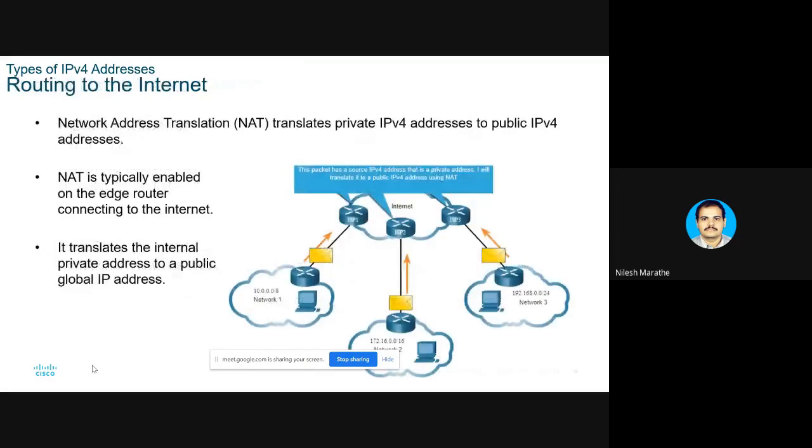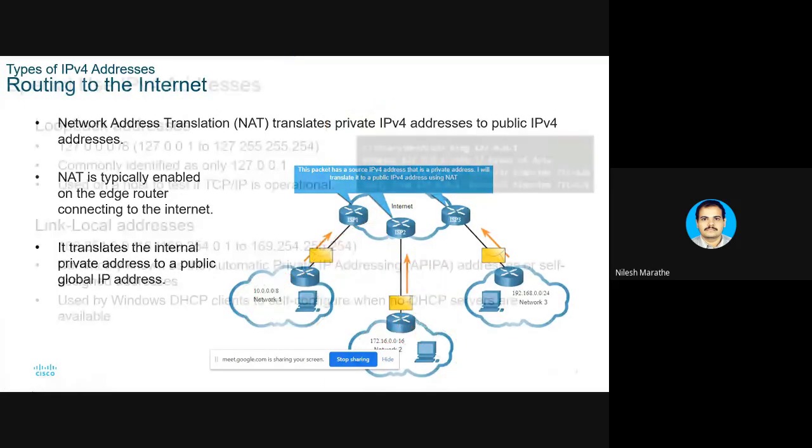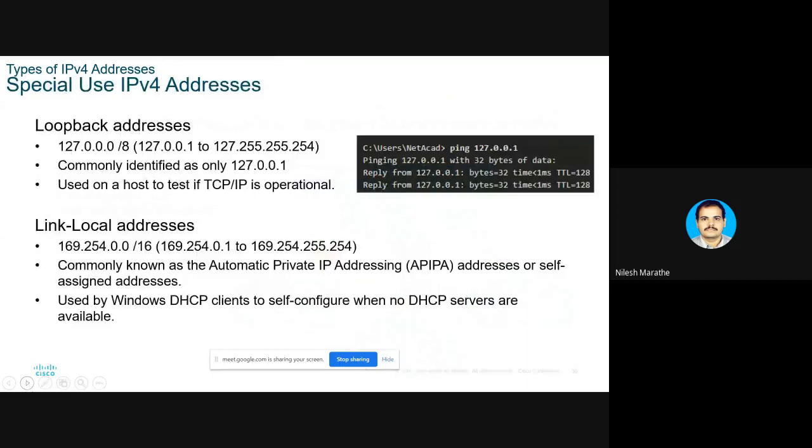Is this clear? NATing. Loopback addresses, that is 127, are referred to as loopback addresses, and the 169 series are referred to as link local, also known as APIPA.